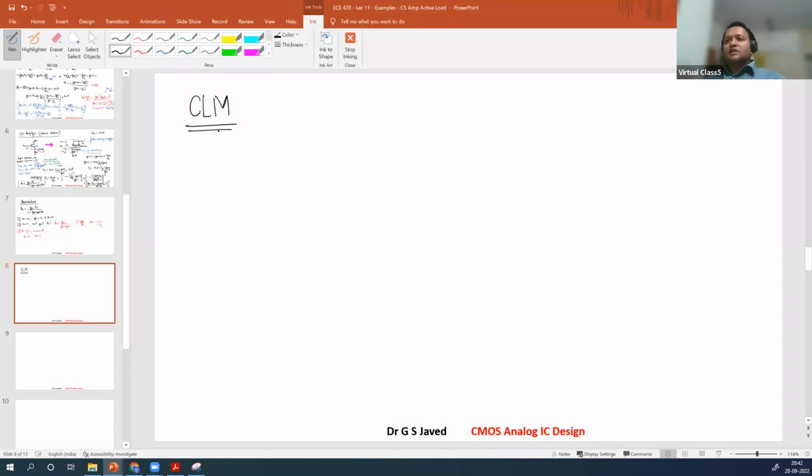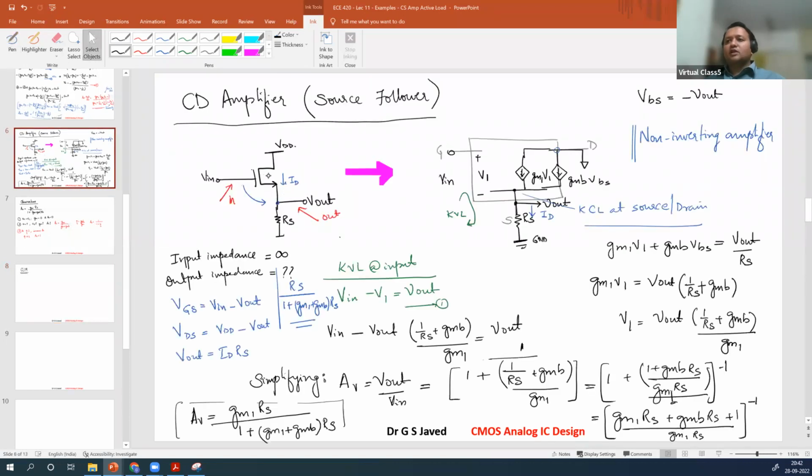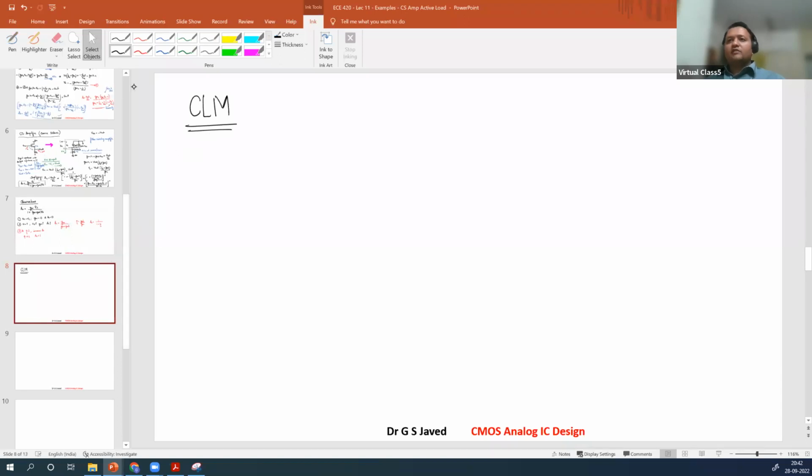First thing, in the circuit, as the body is not connected to the ground, there is a finite body effect. And with the body effect, we have found out that your typical R out is directly proportional to 1 over GM plus GMB. Okay, body effect reduces your output impedance.